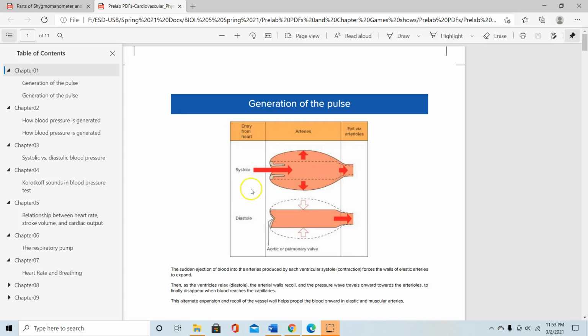So you can see in this diagram, when our heart contracts, that is during the systole, blood enters from the heart into the great arteries. The great arteries are the aorta, and the blood flow to the lungs is the pulmonary artery.